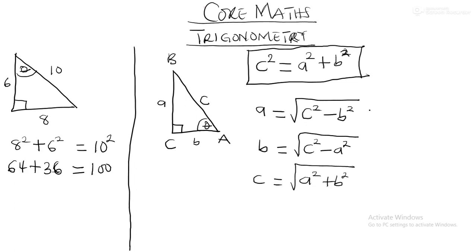So students, you have to take note of these formulas, these equations. If you know this, you can derive the others through change of subjects. So this is what we call the Pythagoras theorem.